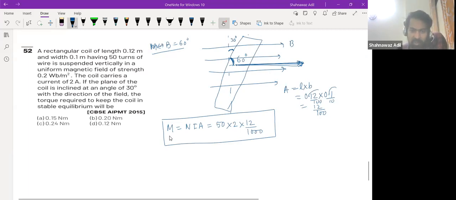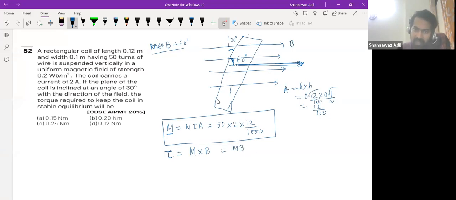This is our dipole moment, and the torque required to keep the coil in stable equilibrium, right? So the torque would be M cross B, and this is M B sine theta.